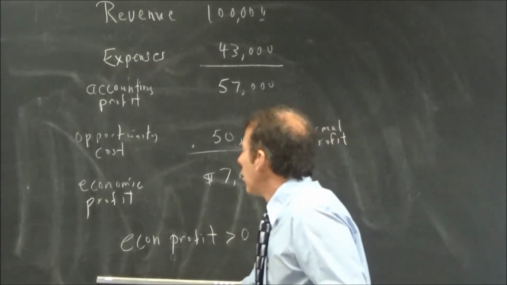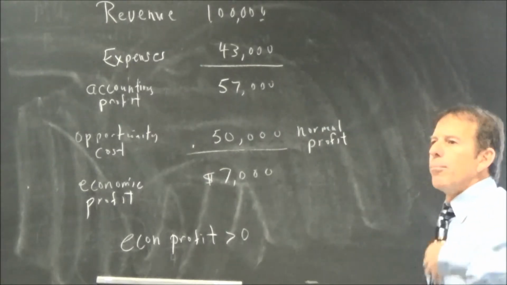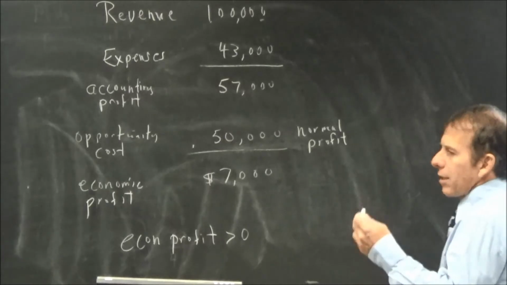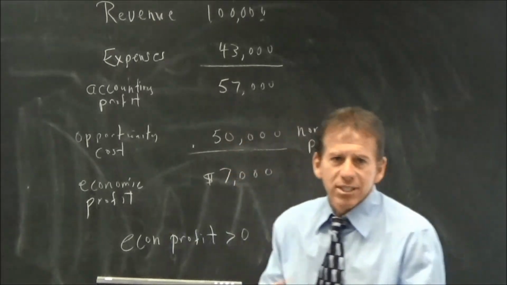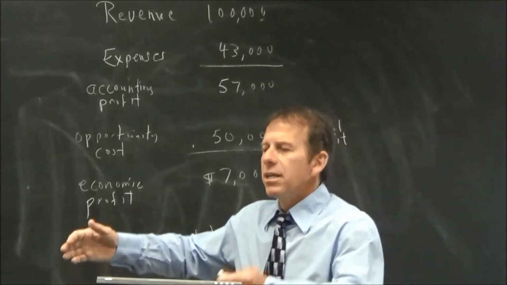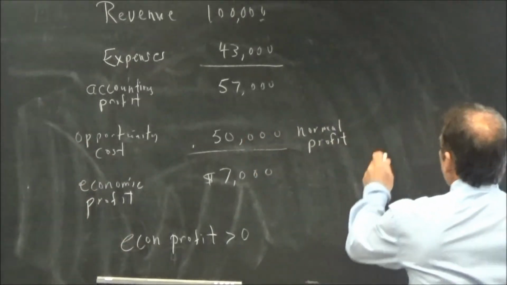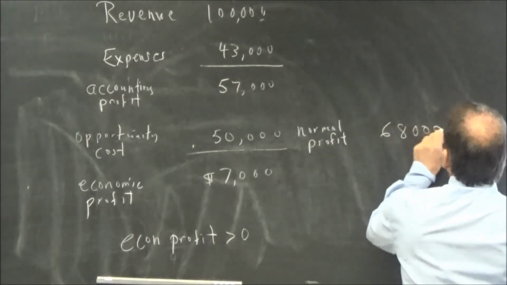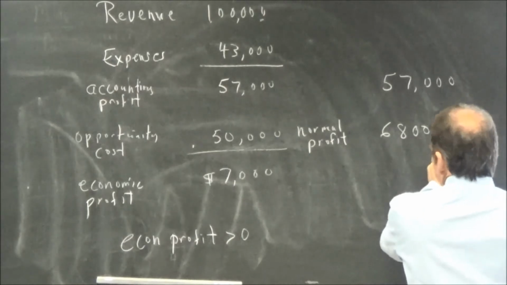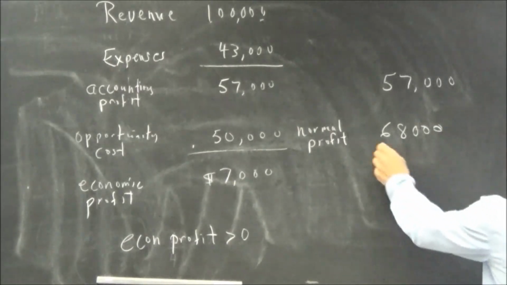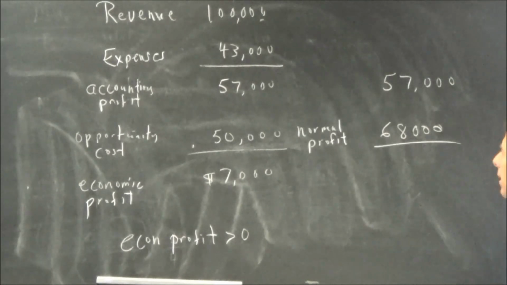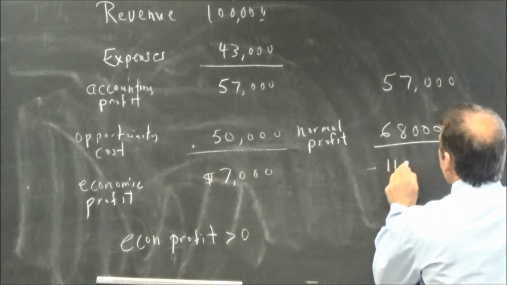Okay, we can go one step further now. What if you were a mid-level accountant? Mid-level accountants make about, right now, maybe $68,000 is about the average. For a mid-level accountant, that's your average accountant. If you look at all the data, that's about what it is. So if you're a mid-level accountant, look at these numbers now. What happens here? You're making a negative $11,000.